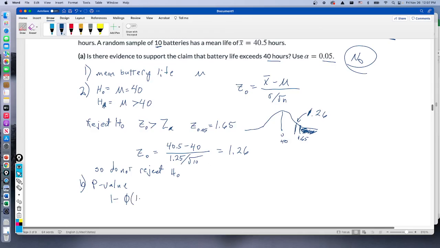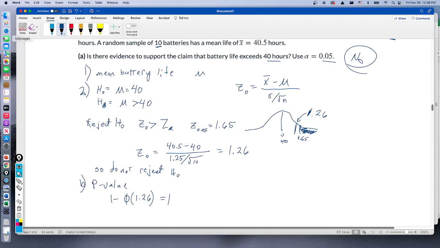We got 1.26. And what we're going to see is that this value is going to be greater than 0.05. So this is a way we can check the alpha, right? So what we have to do is go to the table and look up 1.26.